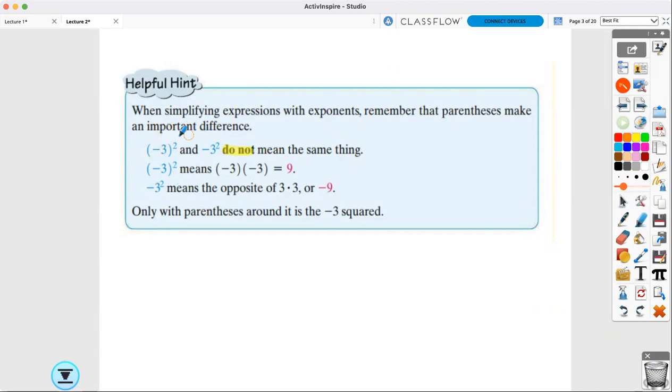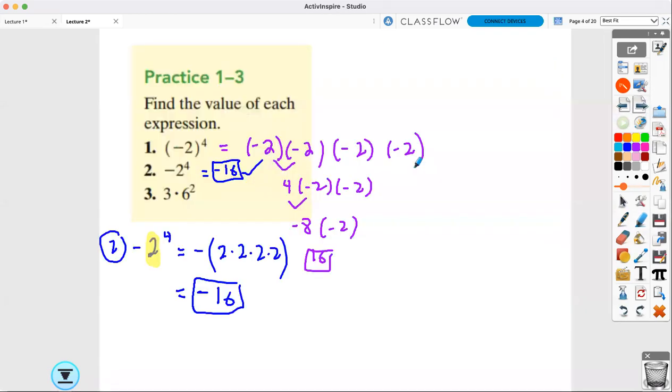So you see here it says -3 squared and (-3) squared do not mean the same thing. I was just making sure that you have it. If you look at Daryl's comment, remember order of operations: exponents are next if there are no parentheses. So this highlights the difference, okay?